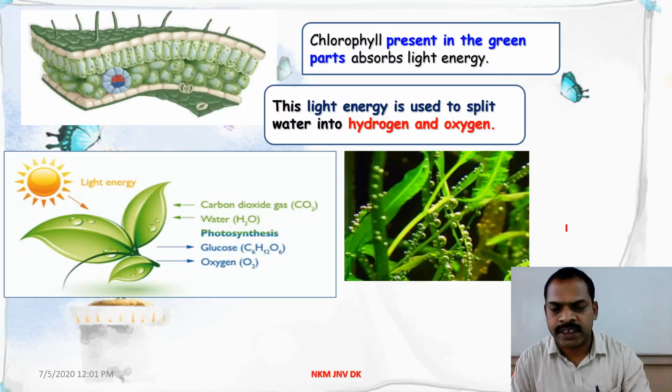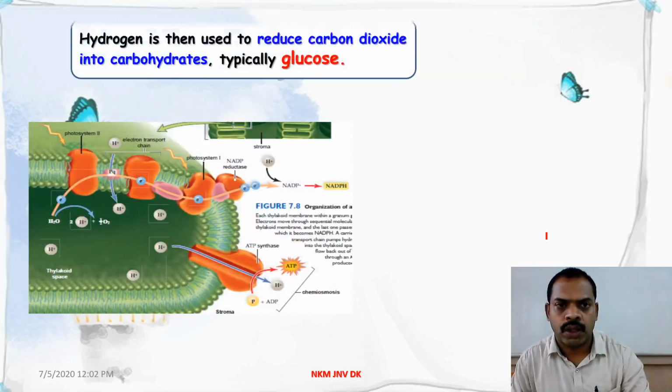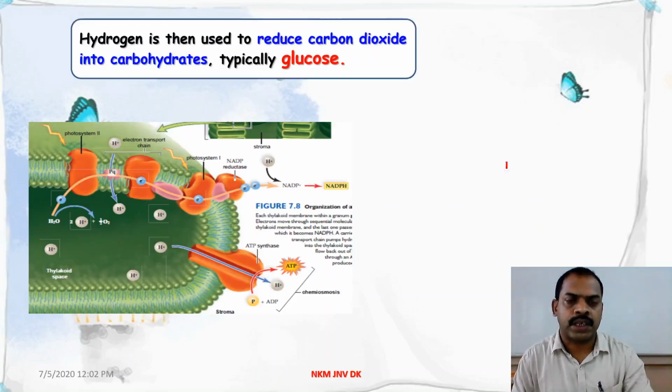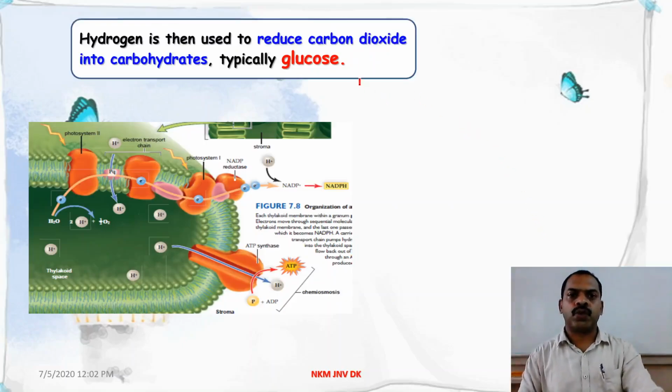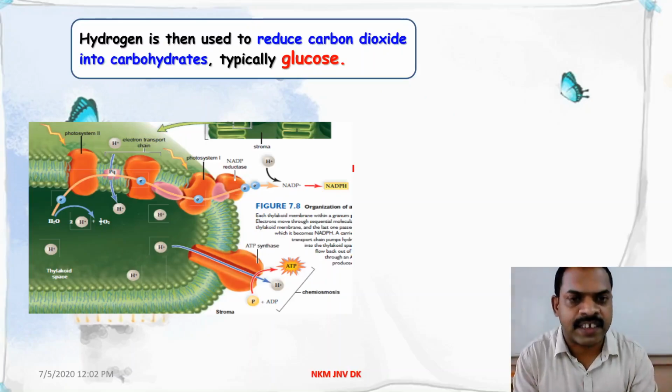This is what we can see here in this aquatic plant. After photosynthesis, the oxygen is bubbling out. Now, what is the role of hydrogen? Hydrogen is used to reduce carbon dioxide into carbohydrate. It is not a simple or single step. It is a very complicated process.